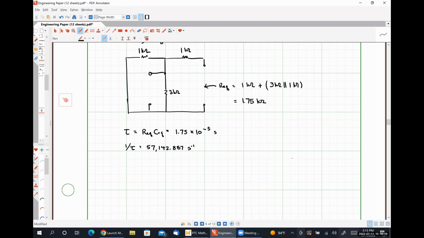All right, so now we're at step number 5. Stuff in.